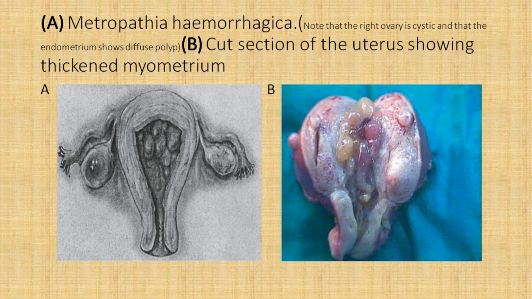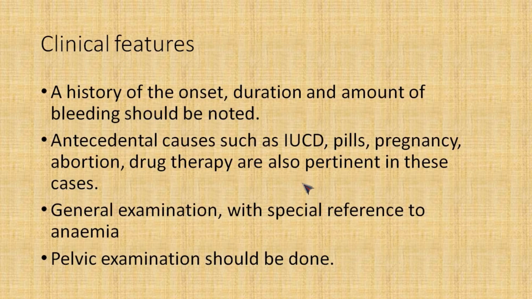So, this is the diagram of a metropathia hemorrhagica. Here is the cross section of the uterus showing thickened myometrium. So, what are the clinical features? A history of the onset, duration, and amount of bleeding should be noted. Antecedent causes such as intrauterine contraceptive device, pills, pregnancy, abortion, drug therapy are also pertinent in these cases.